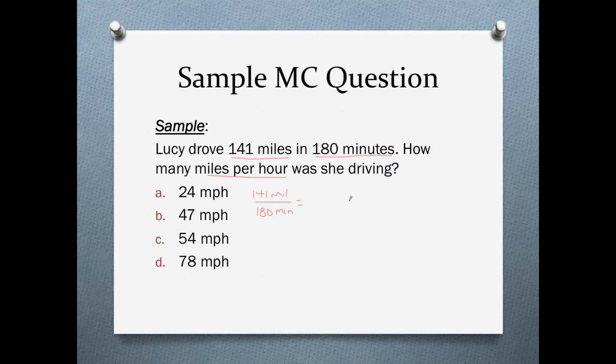So I know that there's 60 minutes in an hour. So, how many miles did she travel in 60 minutes? And I'm going to just use x because I don't really know. So now I have a proportion set up, and all I have to do is cross multiply. So 180 times x equals 141 times 60. So I'm just going to write that.